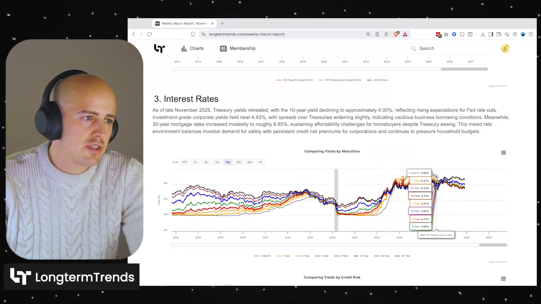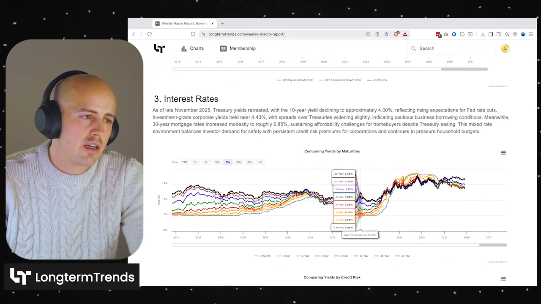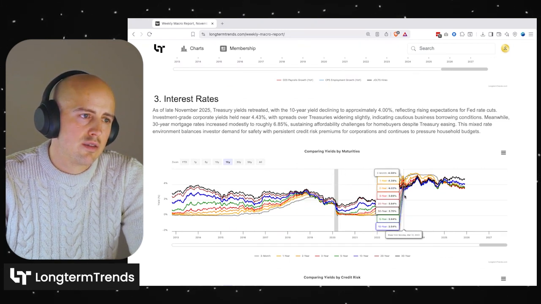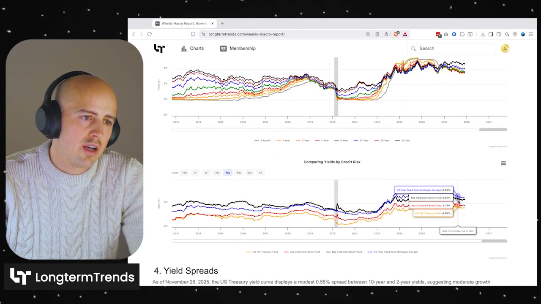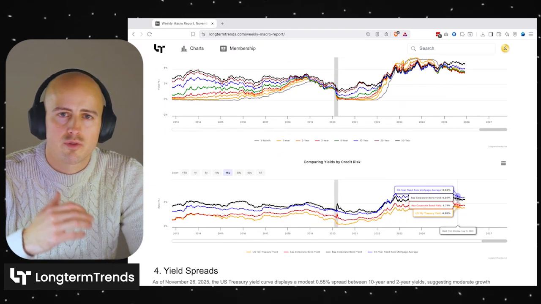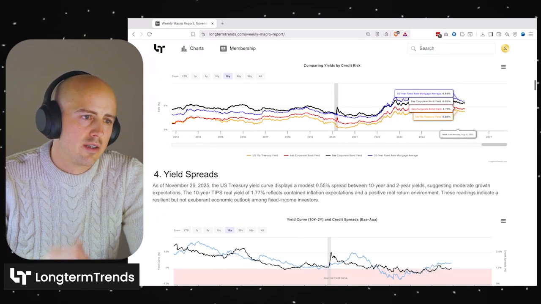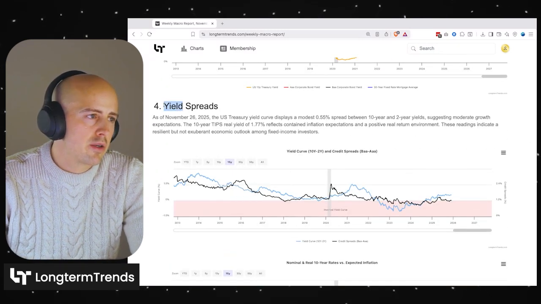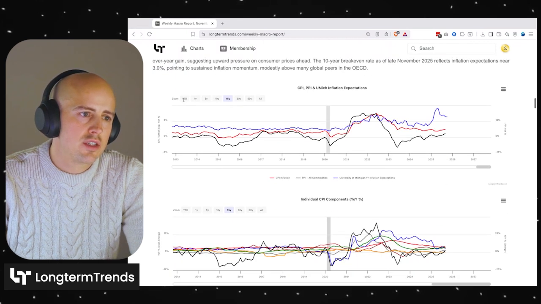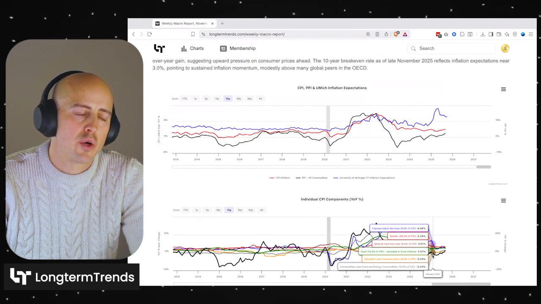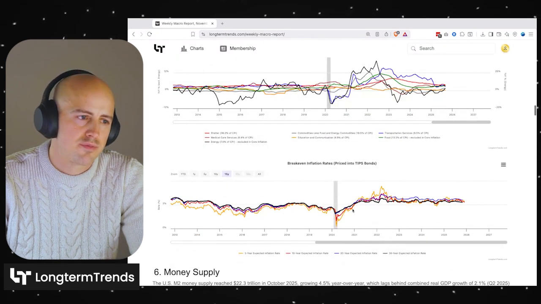Next up we have interest rates, looking at different maturities for treasury bonds, and then we have yields for different bonds by credit risk. We'll look at yield spreads. We're looking at inflation dynamics and which components are driving inflation.